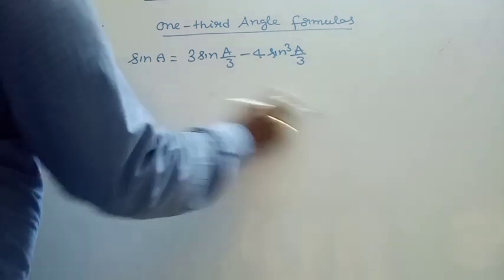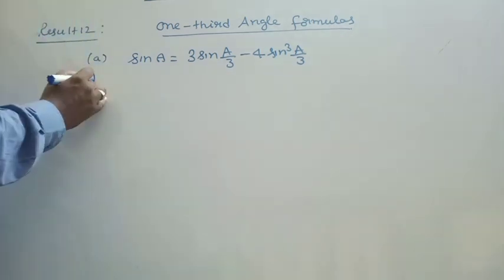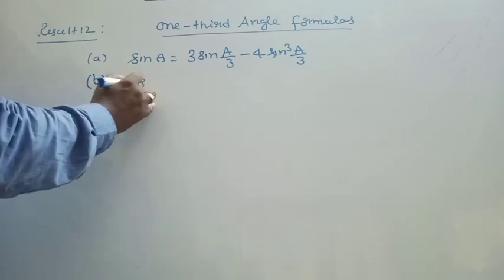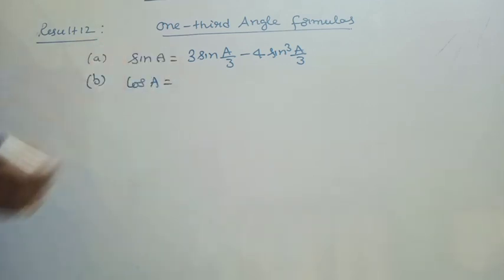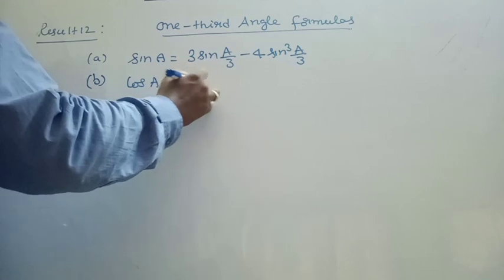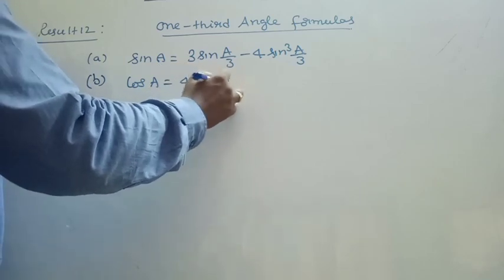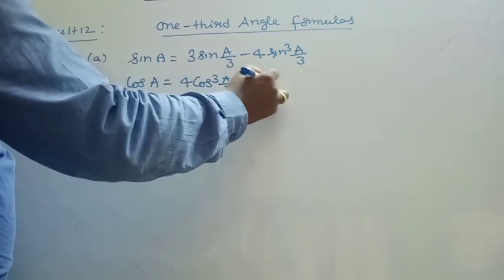In the same way, we have the formulas for cos 3a, which you know: cos a is equal to 4 cos cube a by 3 minus 3 cos a by 3.